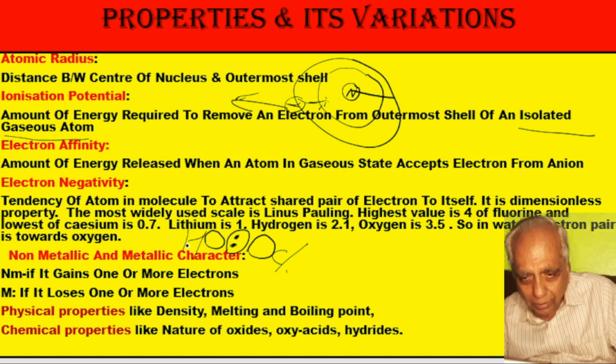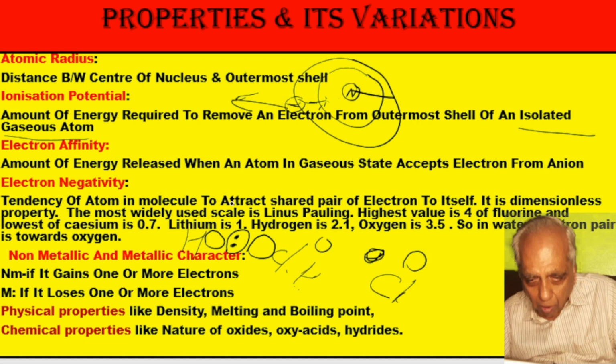So for electronegativity there are various scales, but the most widely used scale is Linus Pauling. Linus Pauling has given a rating of electronegativity for all atoms.